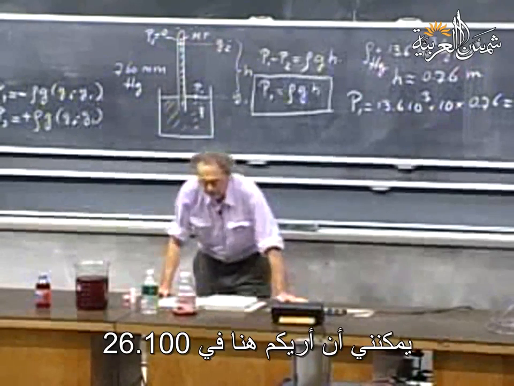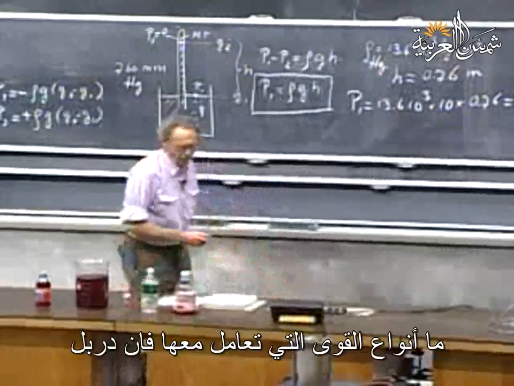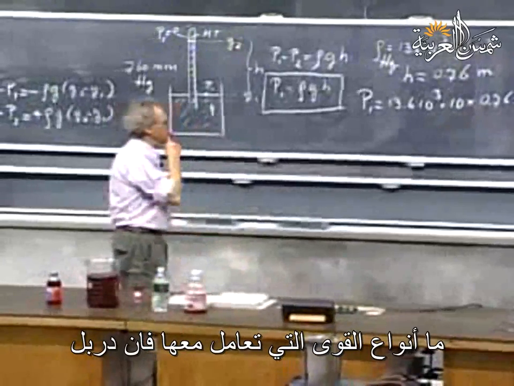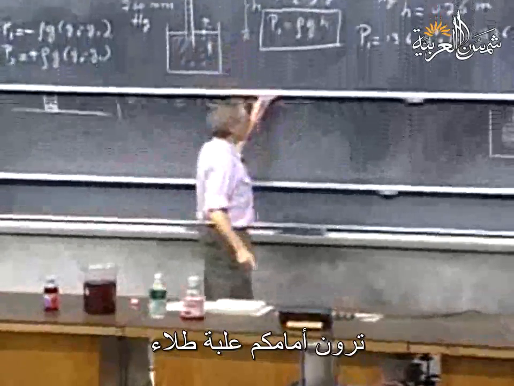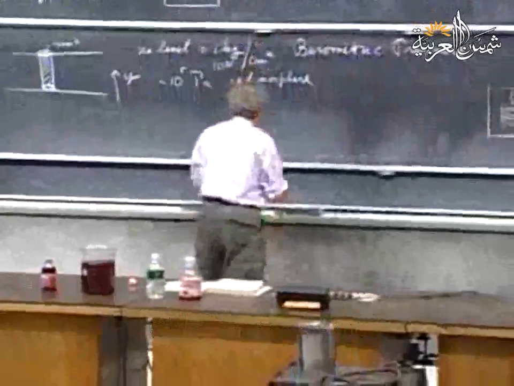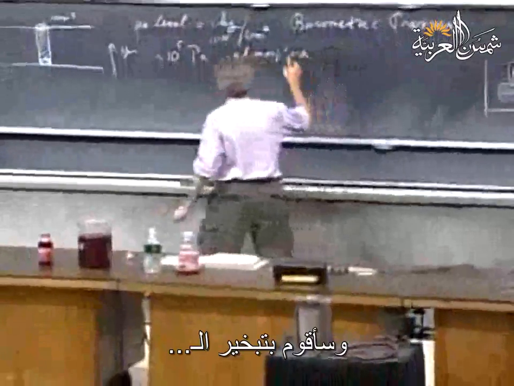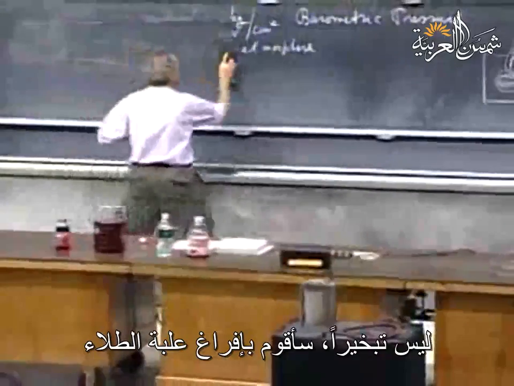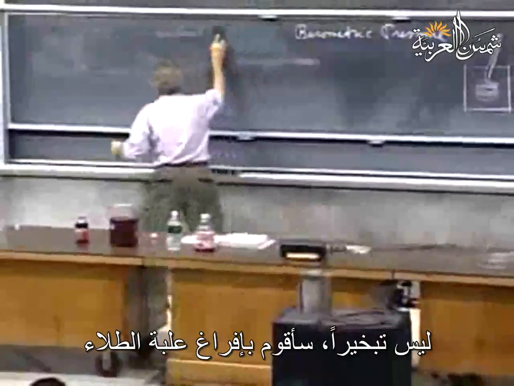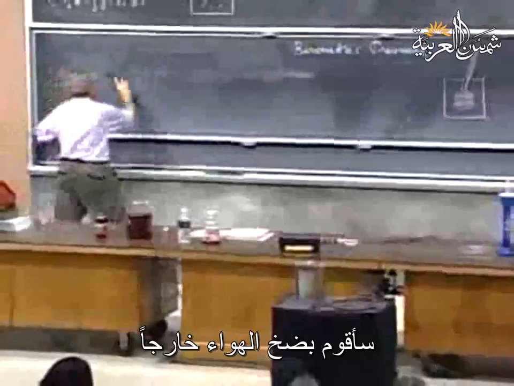I can show you here in 26-100 what kinds of forces Van Drebel was dealing with. You see there in front of you a paint can. And I'm going to evacuate the paint can. I'm going to pump the air out.